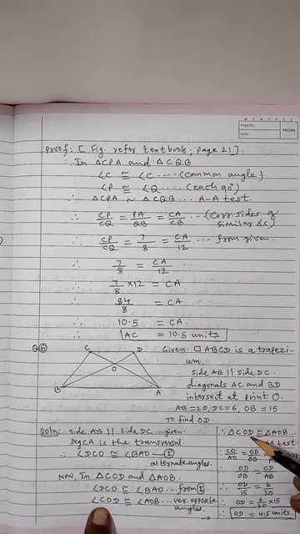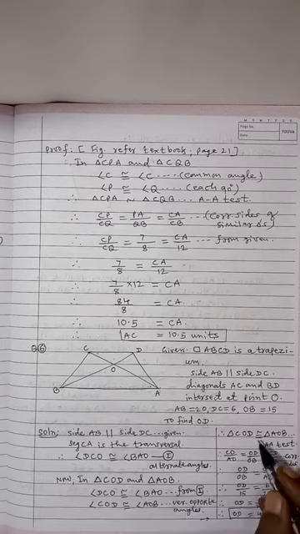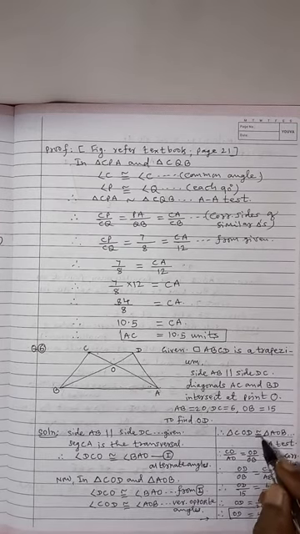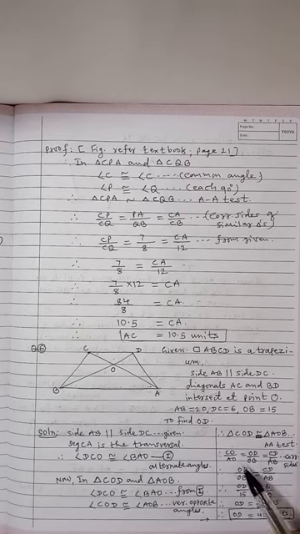Therefore, triangle COD is similar, not congruent, to triangle AOB. Reason: angle test. So corresponding sides are in proportion.